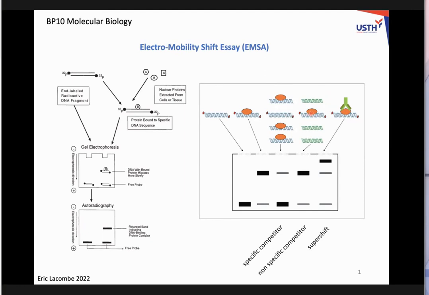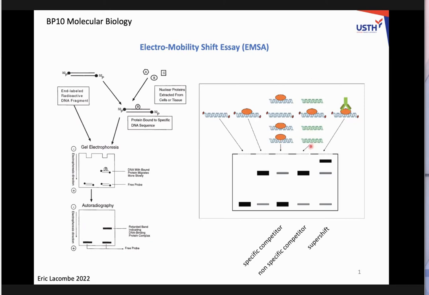But if the protein is only able to recognize the blue DNA, even if you put a huge amount of non-radioactive DNA, but with a different sequence from the blue, the protein will always find back the right sequence and will never bind to the other sequence of DNA. And in that situation, the complex is formed back again. You understand the specific competition and non-specific competition.